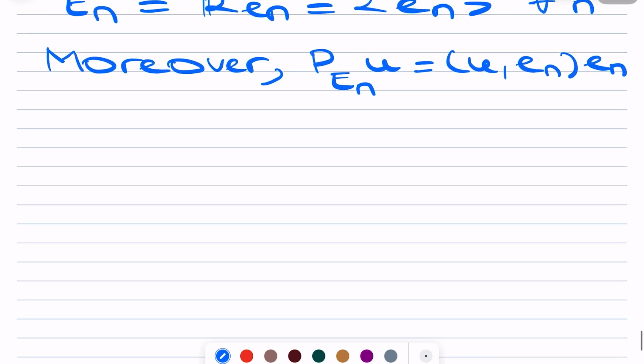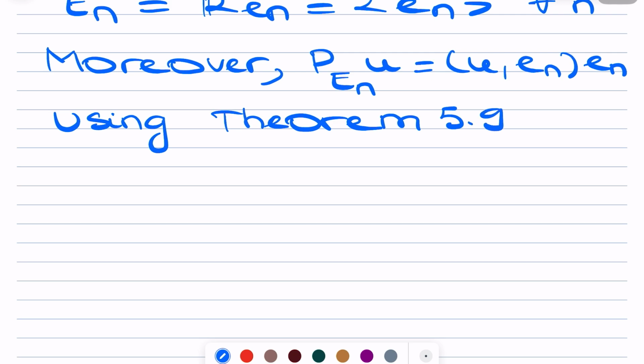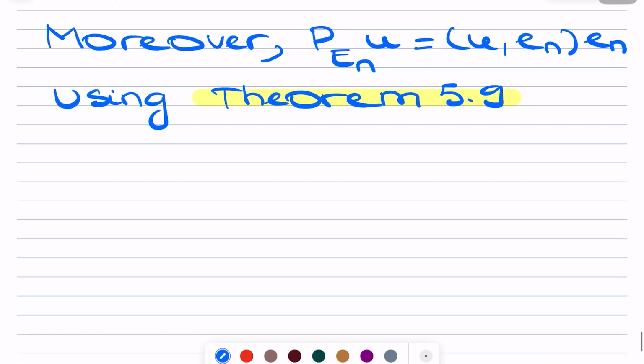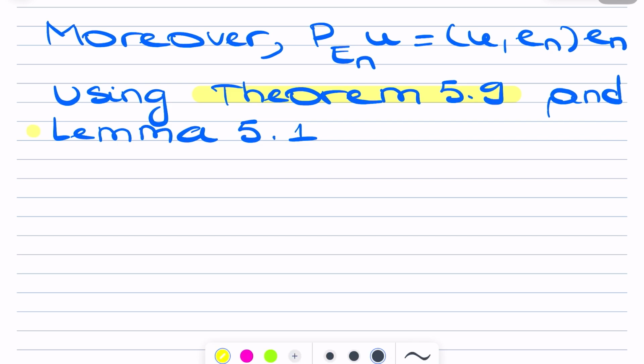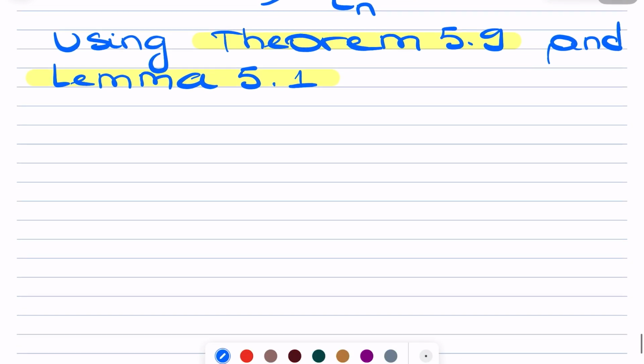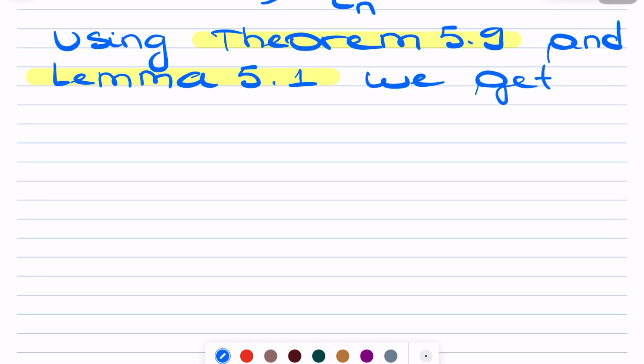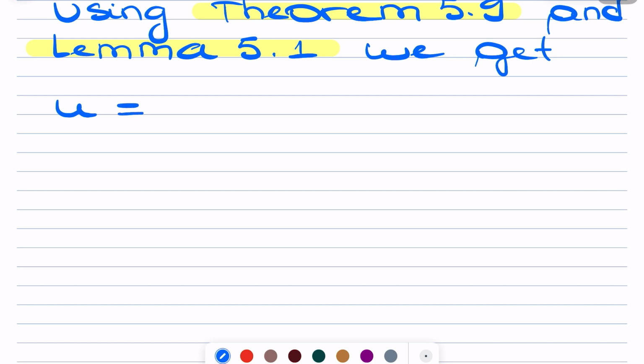So using theorem 5.9, the first theorem of this lecture, and lemma 5.1, we get that u is the summation of the projection onto E_n of u, n running from 1 to infinity.